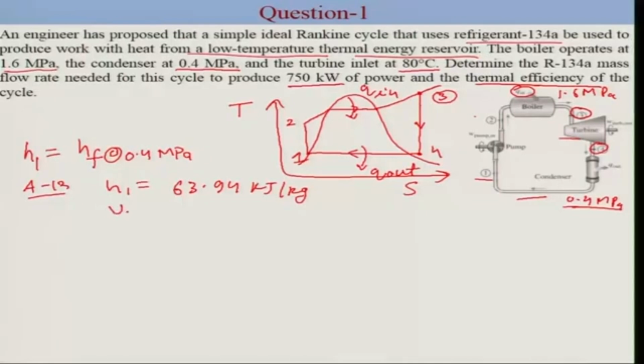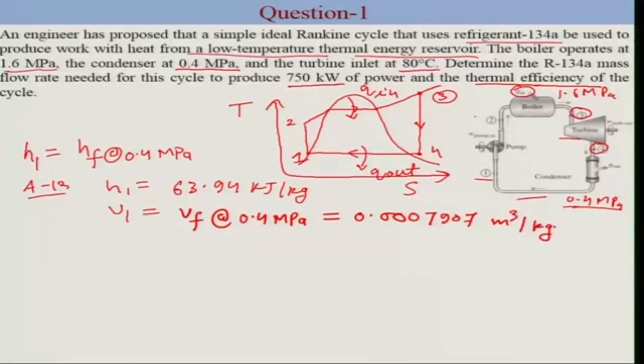Corresponding V1 will be volume at 0.4 megapascal. So this will be again 0.0007907 meter cube per kg.